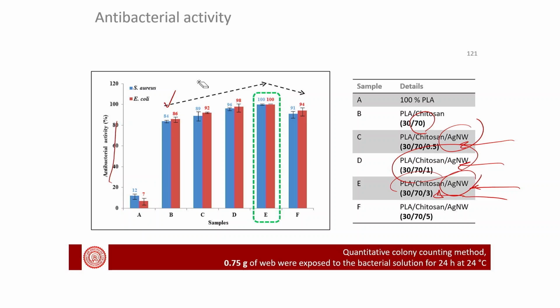antibacterial activity. So, here what we can see is this proportion, 30% PLA and 70% chitosan, was the maximum possible chitosan we can add for proper electrospinnability.